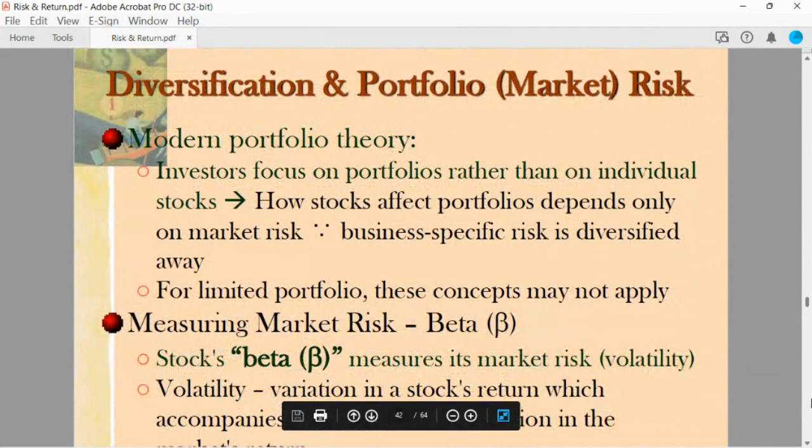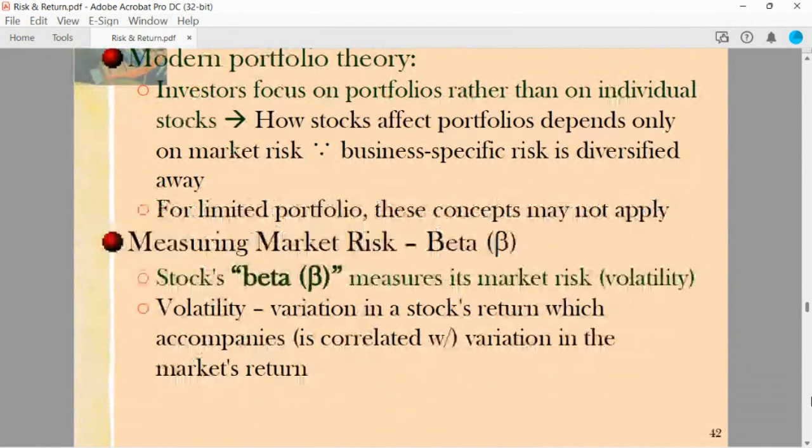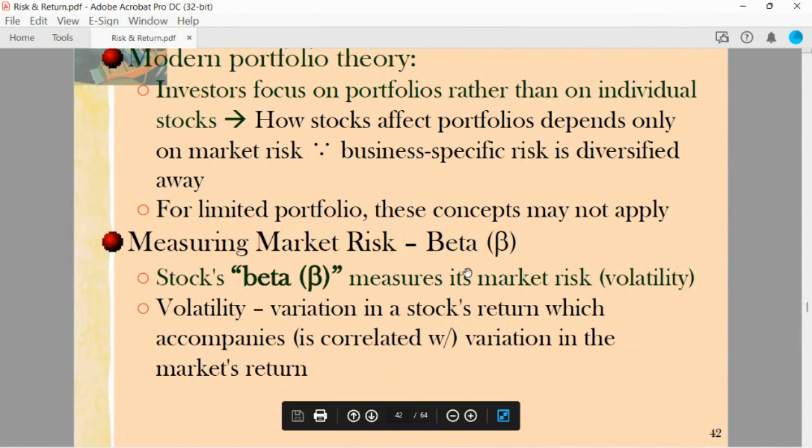But anyway, the point is, then we can diversify away the non-systemic risk. But what can we do about the systemic risk? Systemic risk is measured by beta. Beta is the correlation coefficient.